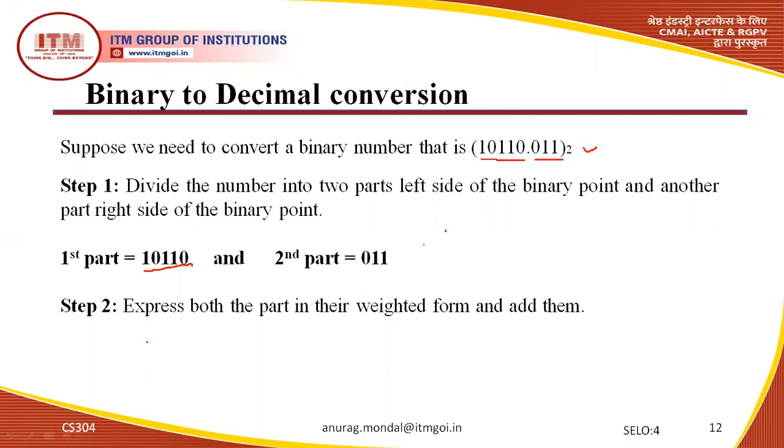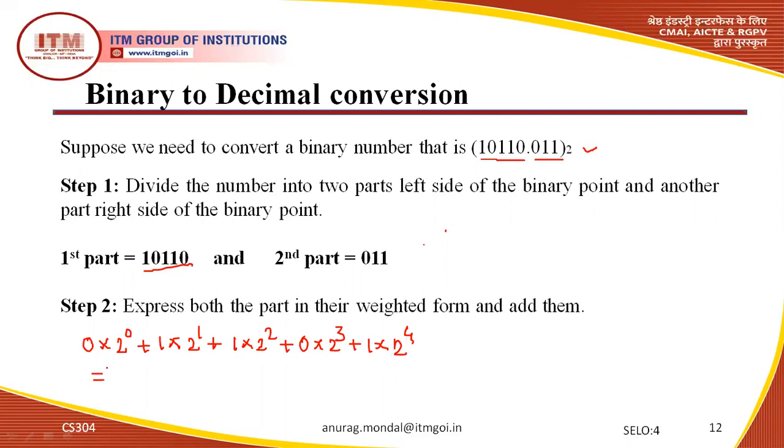So what we have, that is 10110. So if I write down into the weighted form for the first part, so what we have, 0 into 2 to the power 0 plus 1 into 2 to the power of 1 plus 1 into 2 to the power of 2 plus 0 into 2 to the power of 3, then plus 1 into 2 to the power of 4.